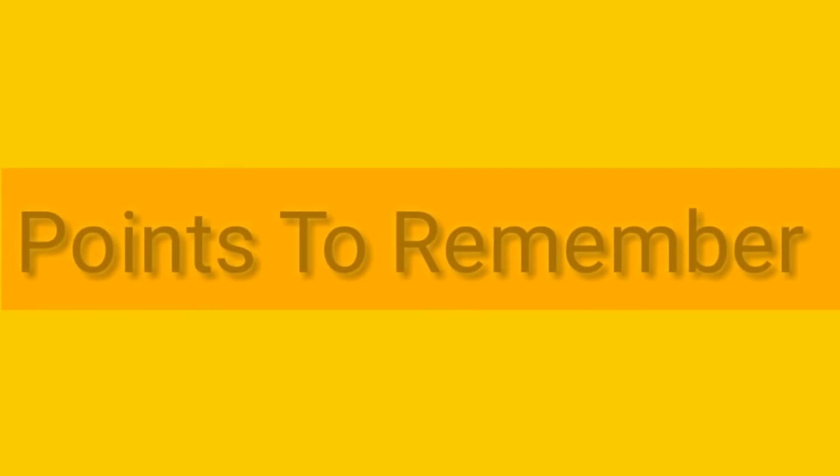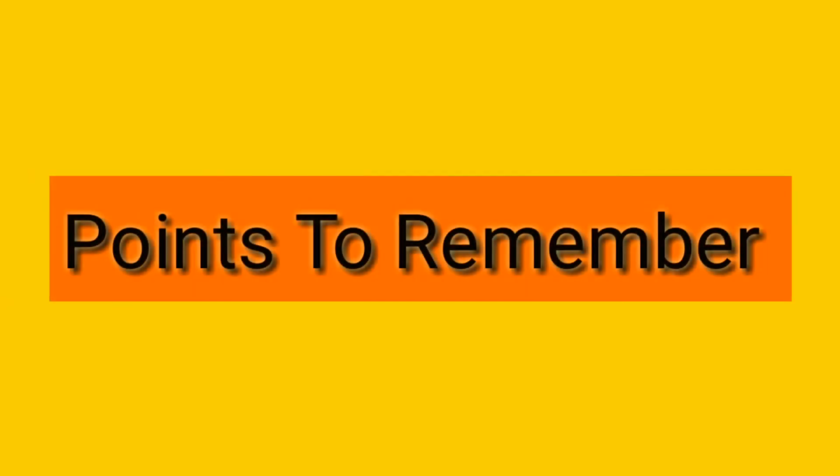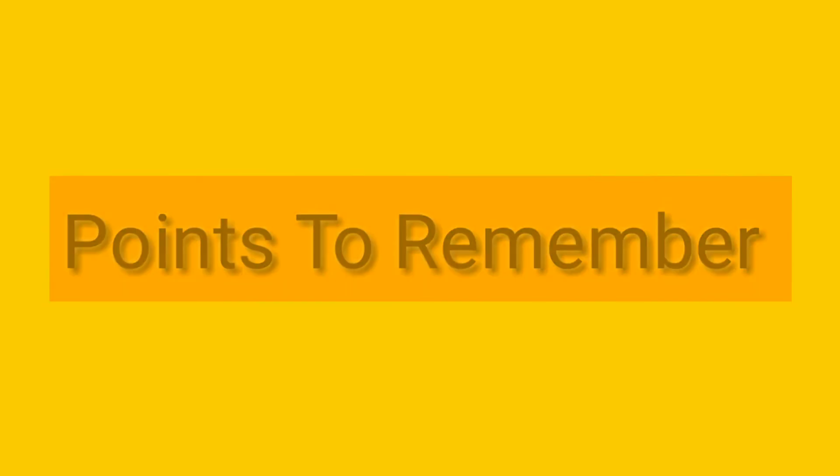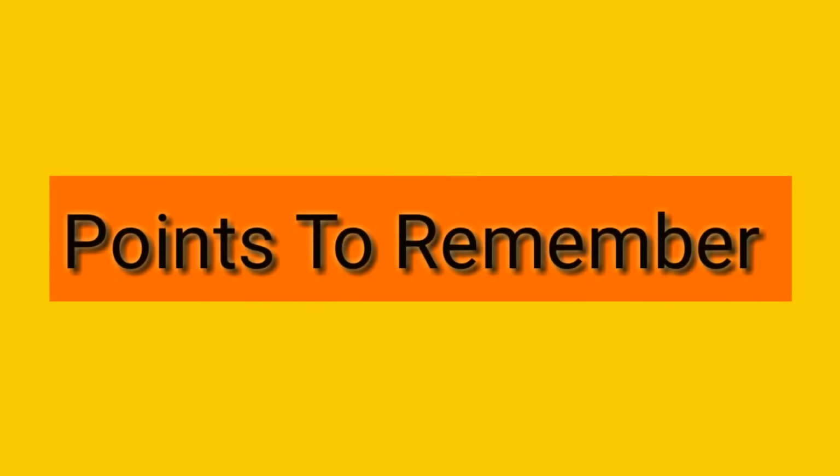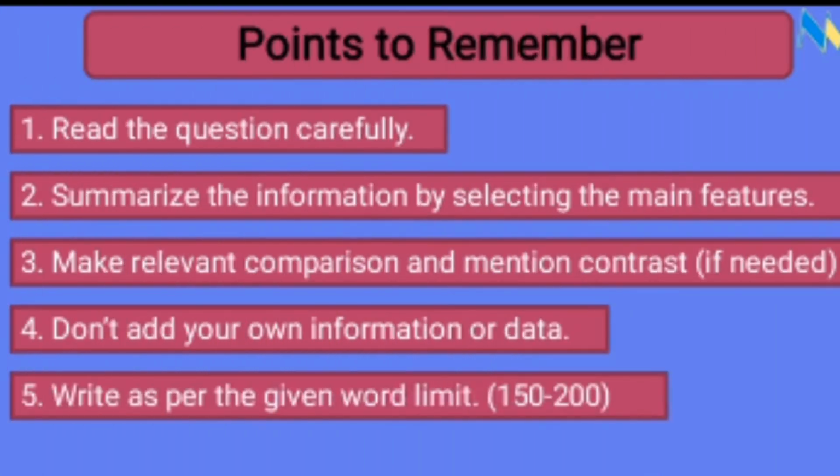So next students, let's see the important points that are required to be kept in mind before solving it. Let's check out. At first, read the question carefully and understand it. And second one, summarize the information by selecting the main features. So the third point is make a relevant comparison and mention contrast if needed.